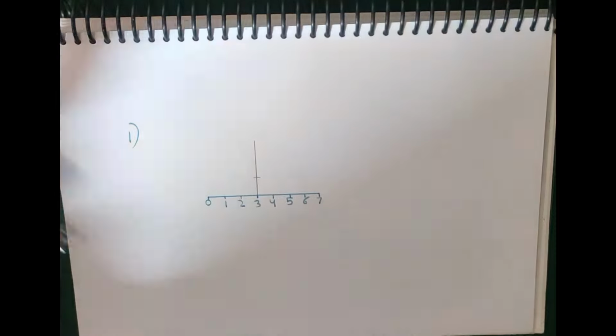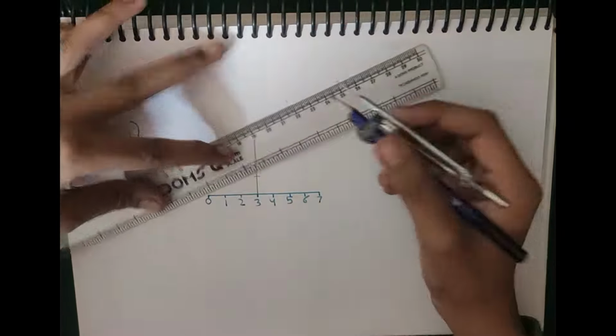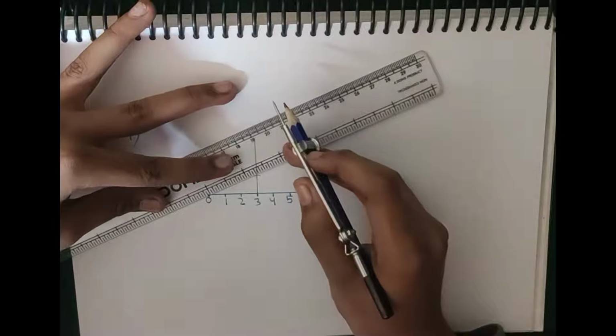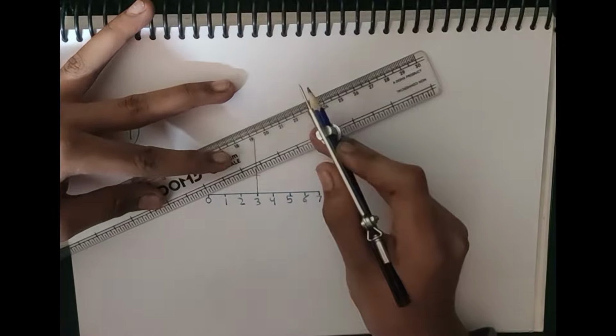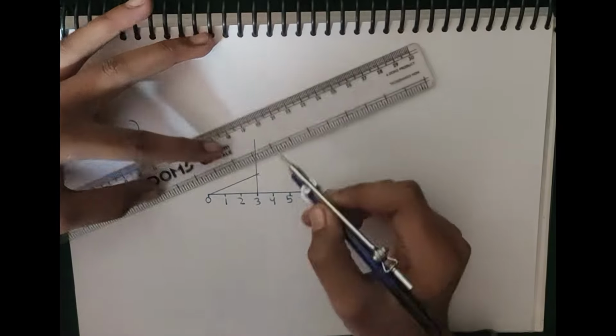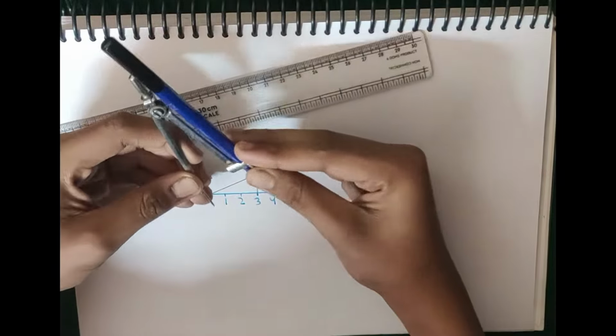And we have to mark 1 centimeter, and then we have to draw a straight line from 0 to the mark we have marked. So we have drawn a straight line from 0 to the mark, and then we have to put the compass on 0 to the mark.